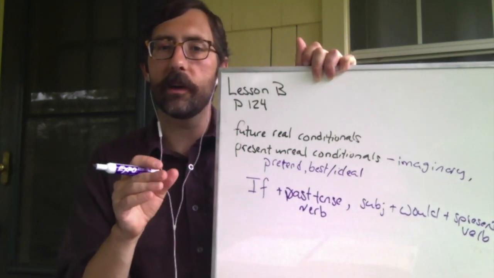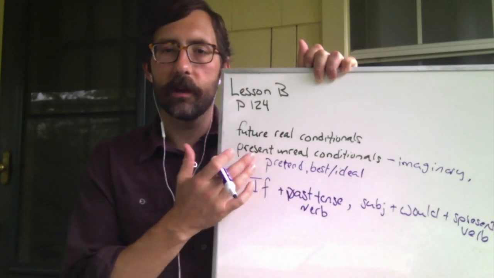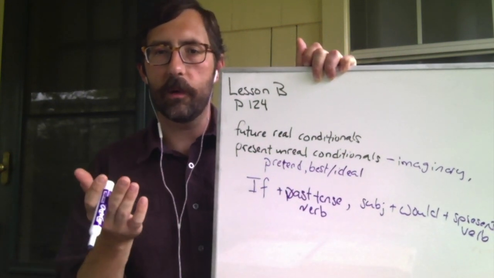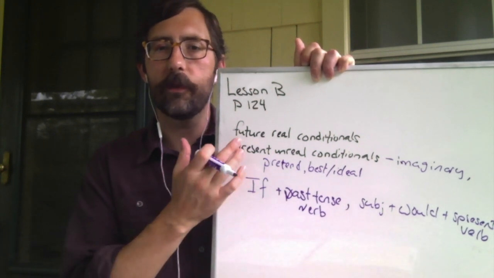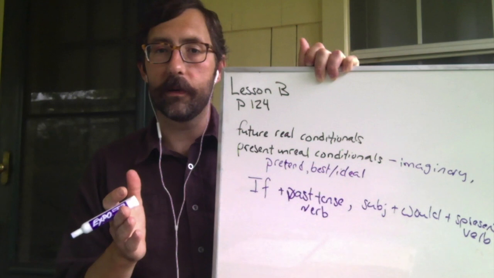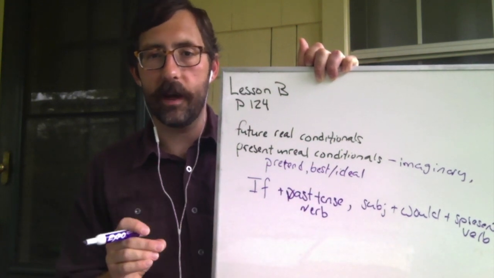So if you think about it, present unreal is not possible. It's something in a pretend world, an imaginary world. Future real, the real conditional, is something that could happen. It's very possible for it to happen.